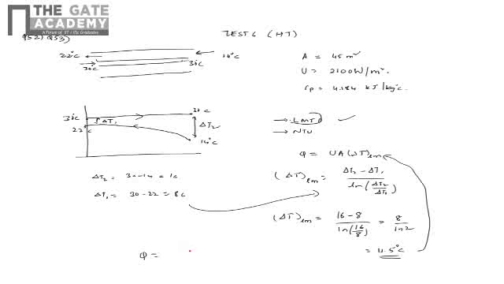U is 2100, area is 45, times 11.5, so this is Q = UAΔT_LM. If I calculate, this comes out to close to 1087 kilowatt. So the answer is 1087 kilowatt, and the answer for 52 is B.